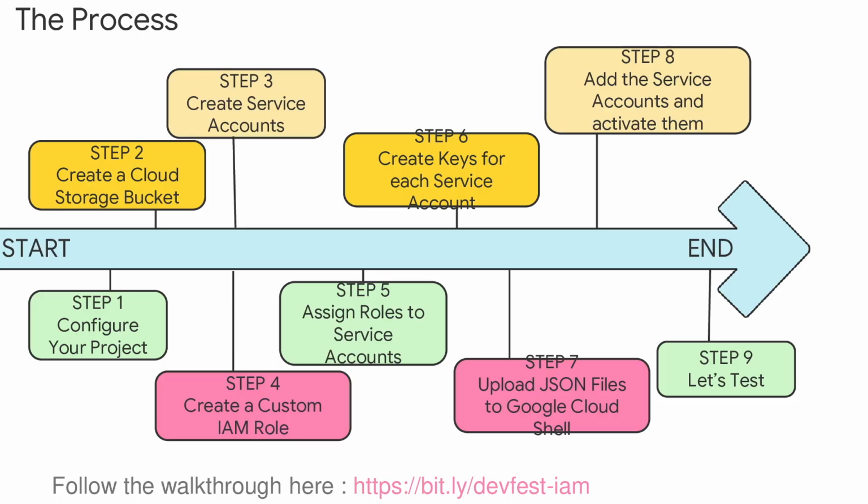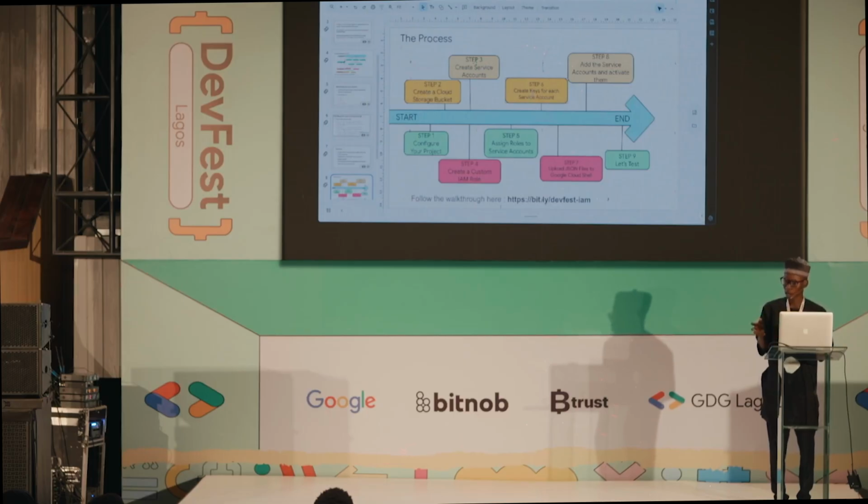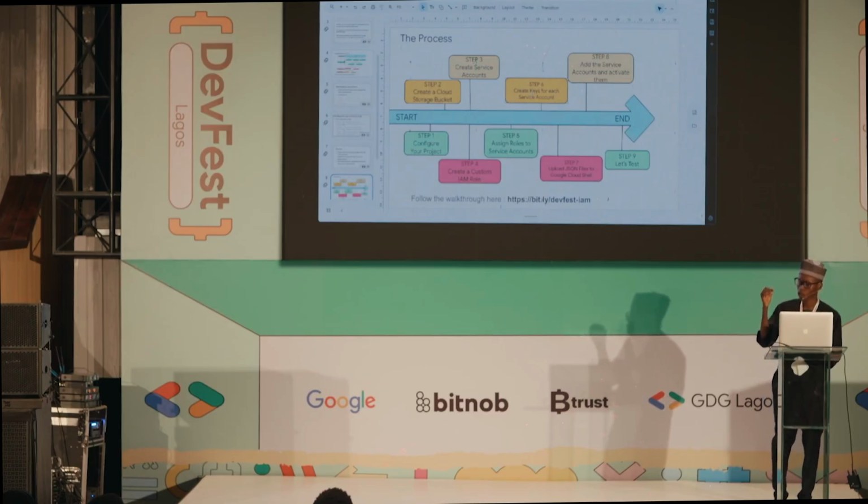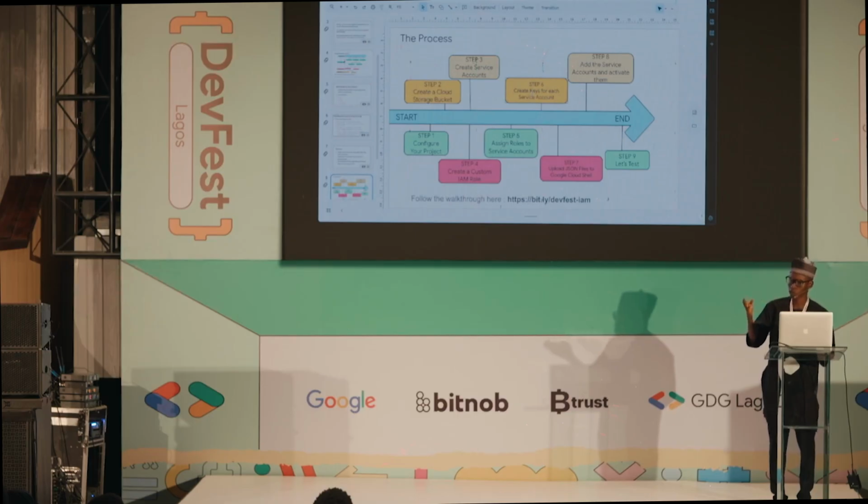Before we test, we're going to create keys. The reason we are creating keys for these service accounts is so we can identify them according to that key when we start using Google Cloud Shell. For the rest of this process, I'll be using the Google Cloud Shell, because it's not easy to do it with just clicking.